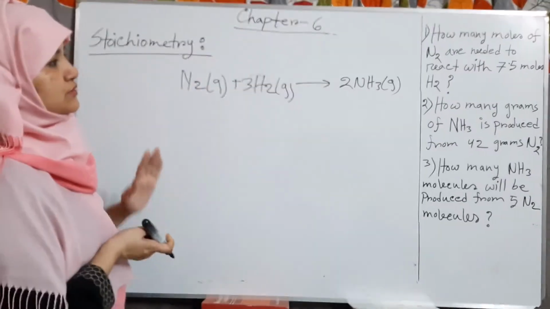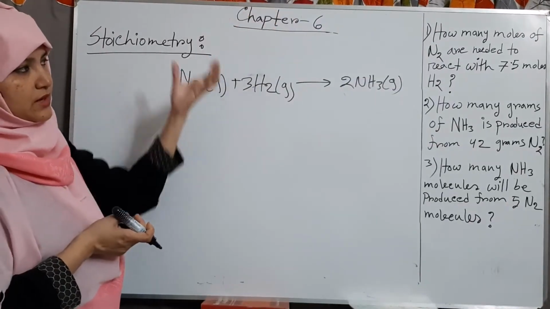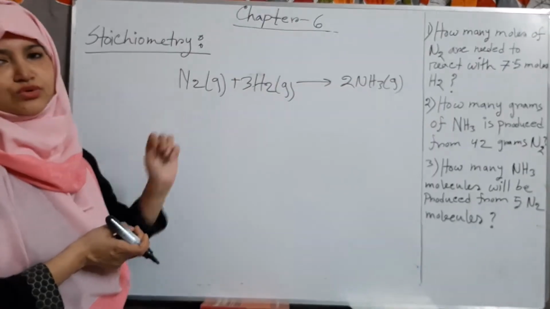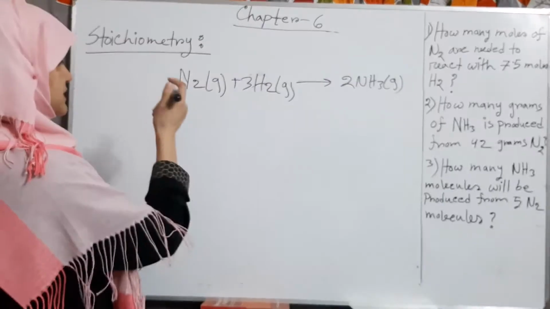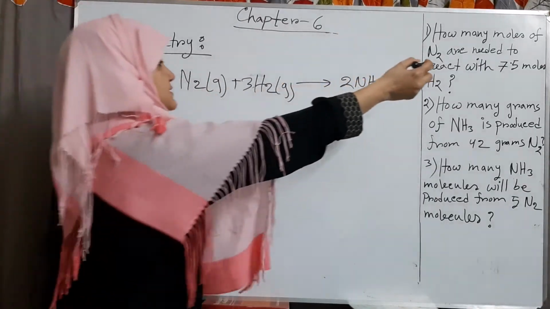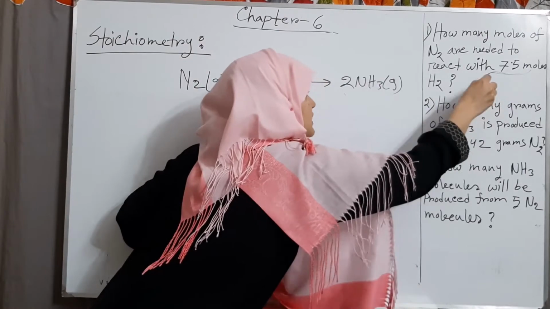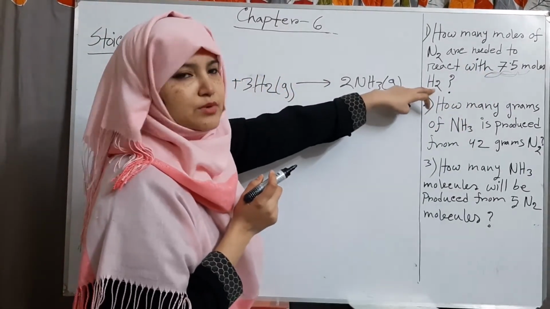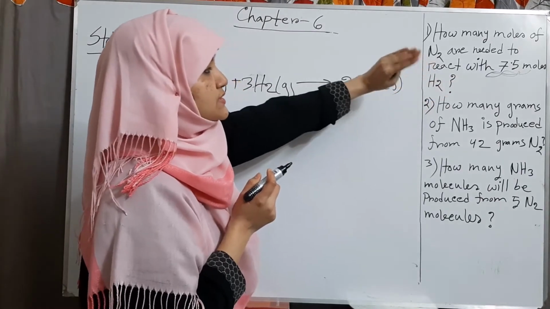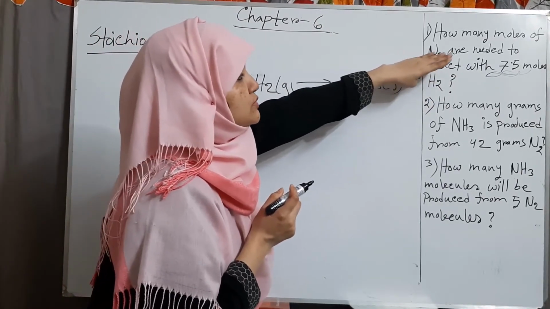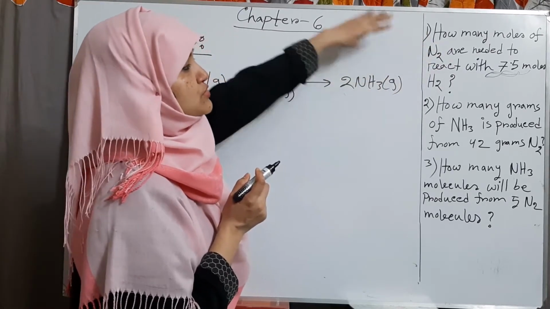Okay, and for the first problem I want to use the mole calculation, the mole concept. Then we know the coefficients here. This is our given amount. That means the mole number of hydrogen is given, and we have to calculate the number of moles of nitrogen.